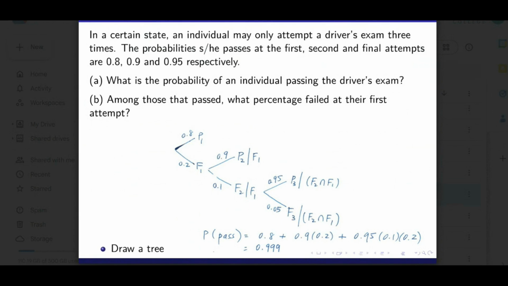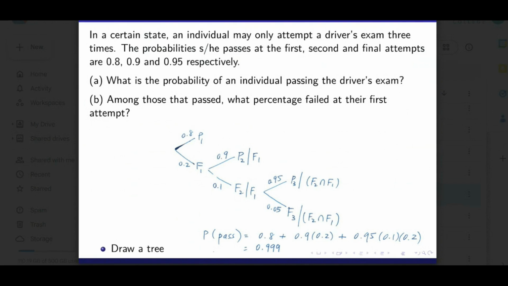So some trees are helpful, but sometimes trees promote sloppy understanding. But they are a useful way to get answers quickly. All right. So the likelihood of you passing eventually is pretty high, 99.9%, because of all these provisions.